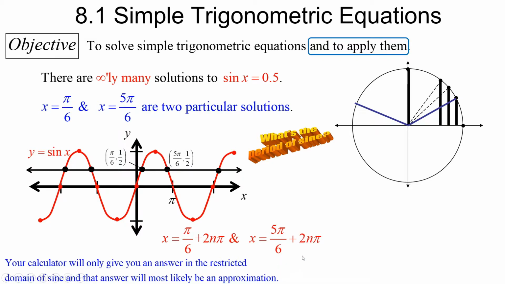Now n is any integer, so that will take me in both a positive direction or a negative direction, and this represents every possible solution for the simple trigonometric equation sine of x equals 0.5.